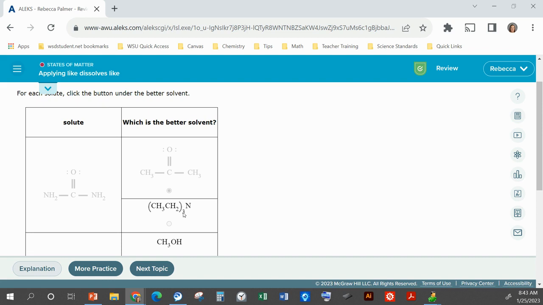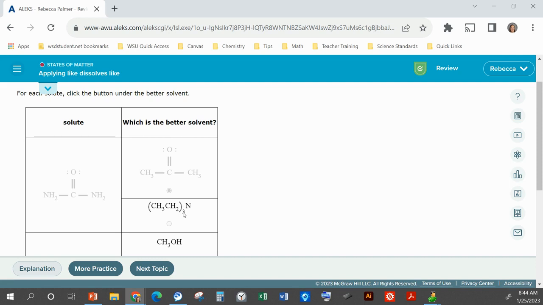I'm just going to draw. There are only 3 groups bonded to nitrogen, so to fill its octet, it needs that lone pair. So it is going to be a tiny bit polar, but we have a lot of carbon and nitrogen, so not very polar.